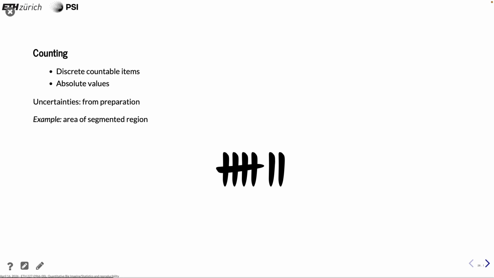And the uncertainties come from the preparation, how well you have identified the items. And actually, here I say that the area of a segmented region is actually counting how many pixels you have in that region. There are other ways of computing the area, which would be maybe more into measurement.